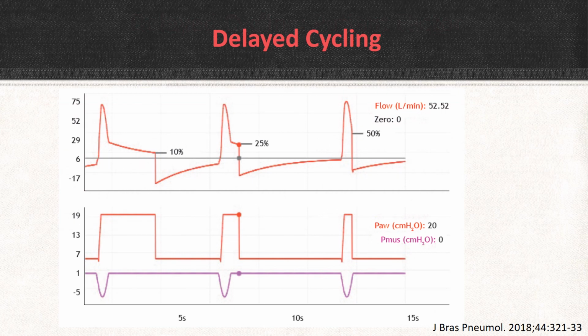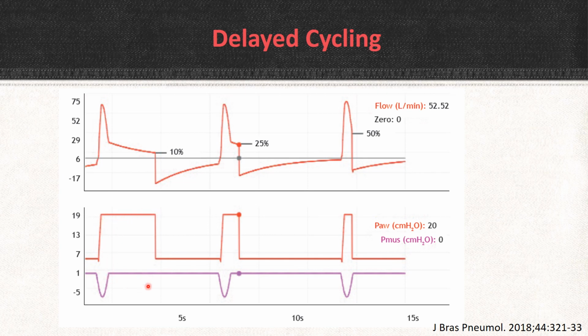This is an example of delayed cycling. This is the flow curve, this is the pressure waveform, and this is the patient's muscular activity. If you see, muscular activity is ended here, but the ventilator inspiration is still continuing when the patient has actually entered the expiratory phase. So, the patient is in the expiratory phase, but the ventilator is still providing its inspiration.